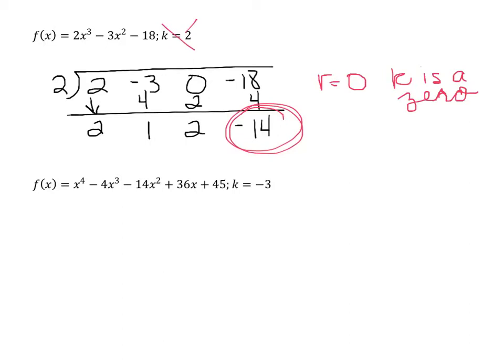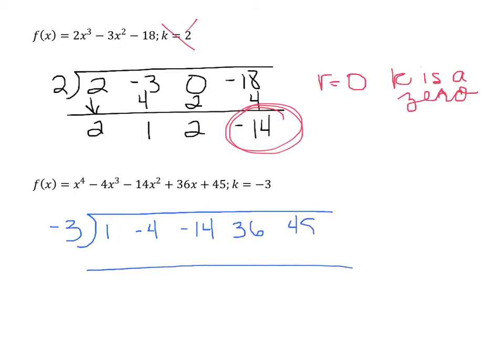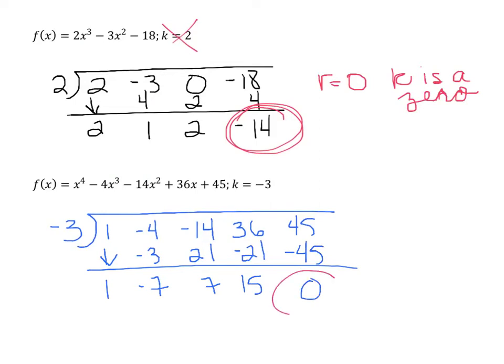Let's try the next one. So now my remainder is 0, so negative 3 is a 0 of the function.